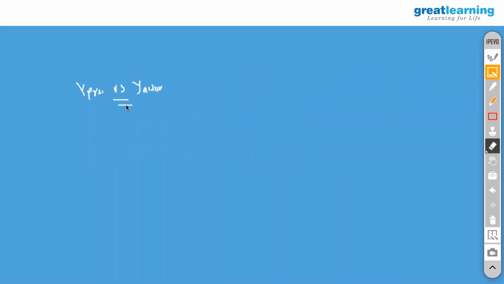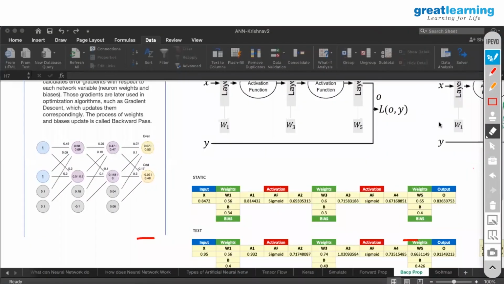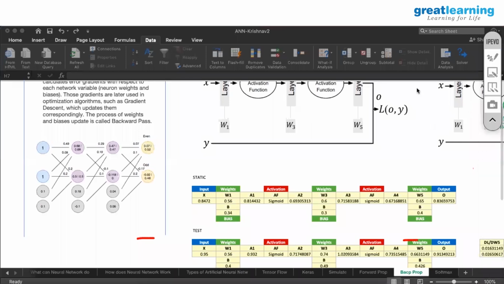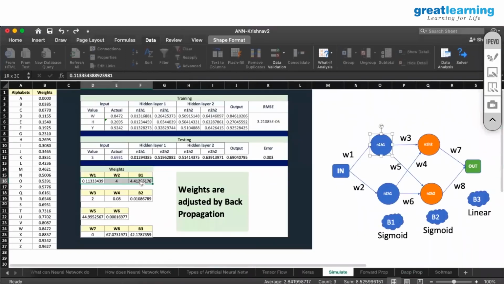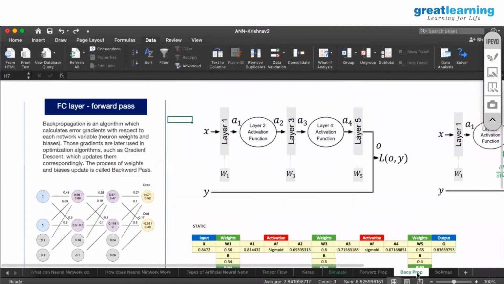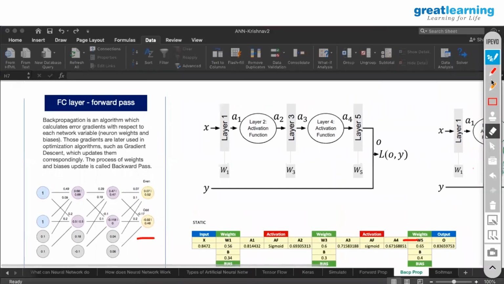Now, let's come to the complex part of it. How do we actually learn the weights? It was very easy for me to use solver and show you, because we have a ready-made function and it worked. But what happens in the neural network? How does the network understand this? Say this is your output. This is what you got, and you are supposed to get Y as an output. This is your predicted, this is your actual.